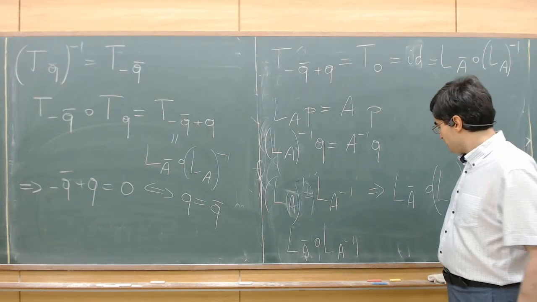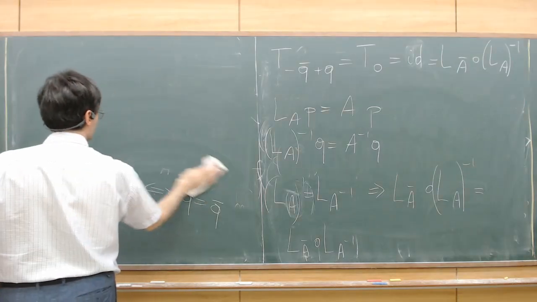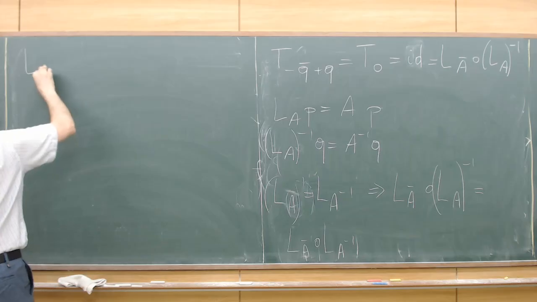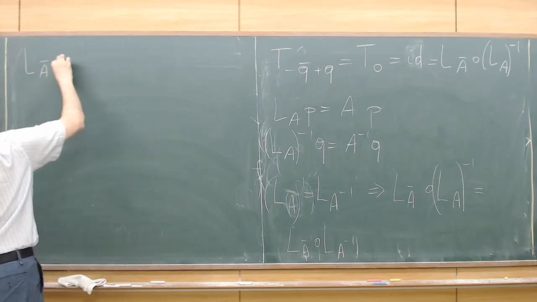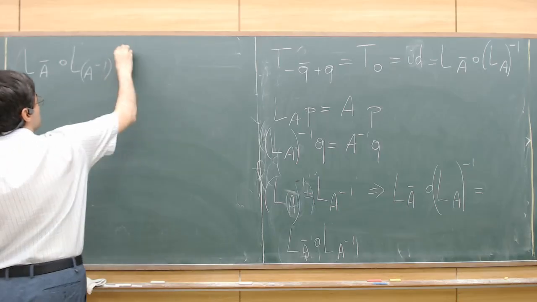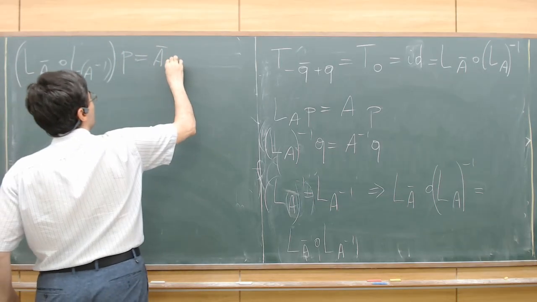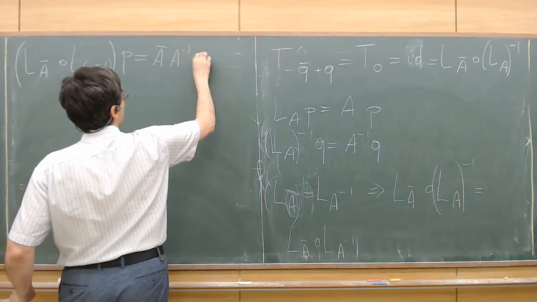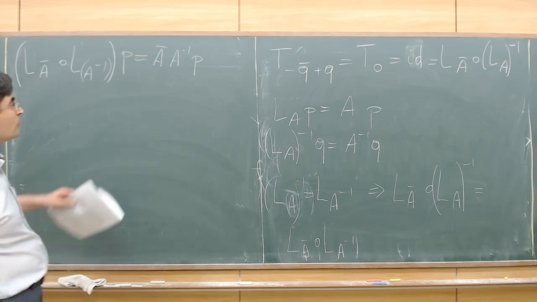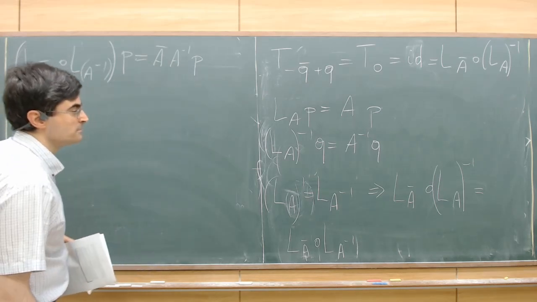And this is the map defined by this formula. This is A bar multiplied by A inverse P. Of course, A inverse exists because A is orthogonal.